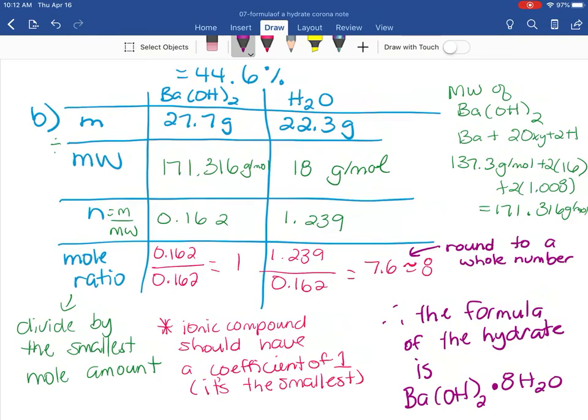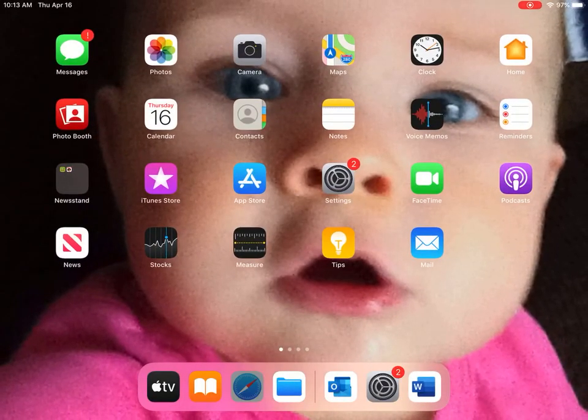Give it a try and see if you can figure it out. Then technically it is going to be for tomorrow, where you're going to do, it gives you lab data, unfortunately we can't do the real lab, and then figuring out how you can figure out the amount of hydrate left.